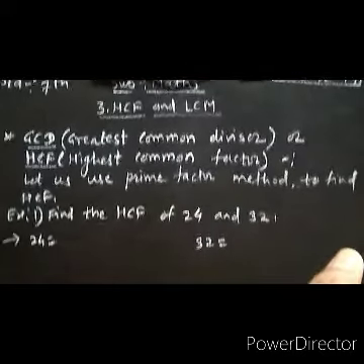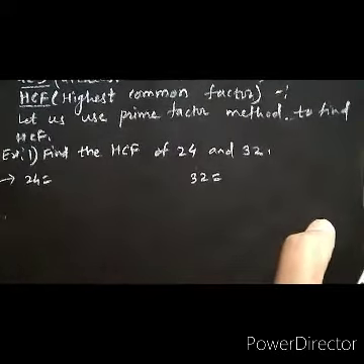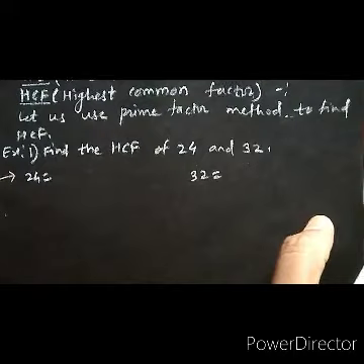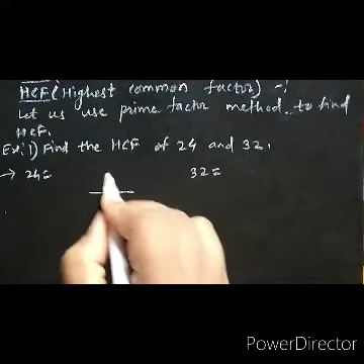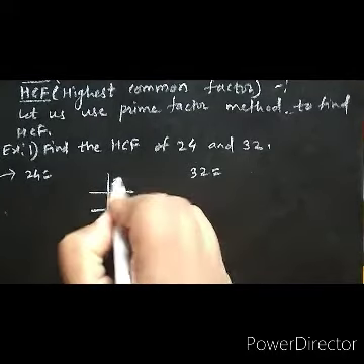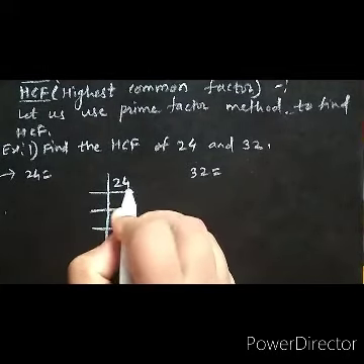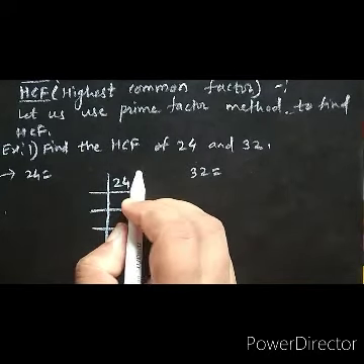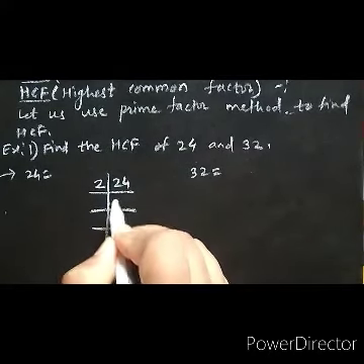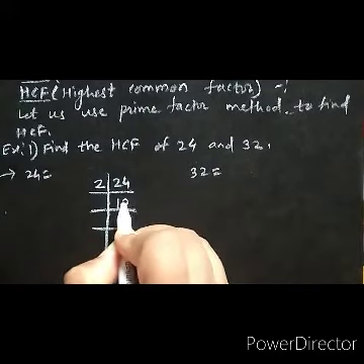So let us find the factors of 24 by using factorization method. See, in 24 last digit is 4 and 4 is even number. Therefore, dividing by 2, 2 ones are 2, 2 twos are 4.